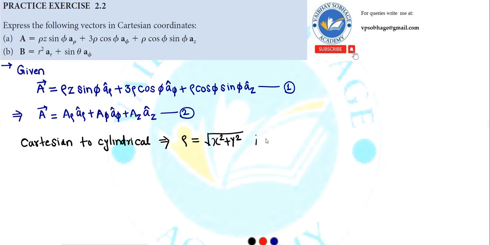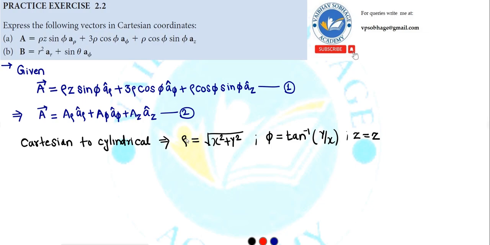Then phi is tan inverse of y by x, and z is as it is. If we have the values of x, y and z, we can convert any Cartesian system into cylindrical form.